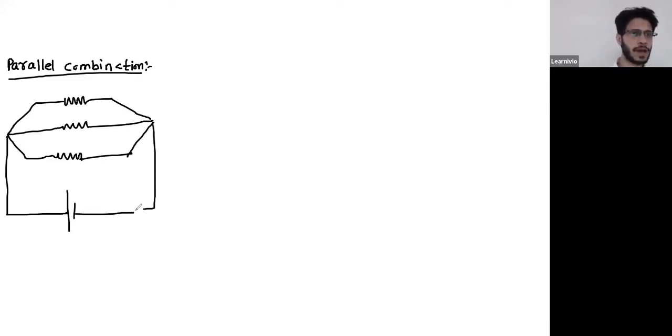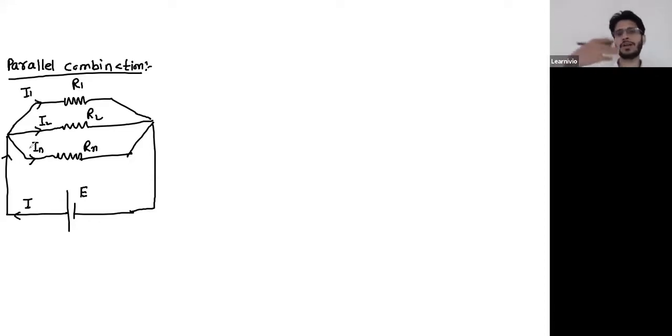So this is the parallel combination. Here this is R1, this is R2, this is Rn. The EMF of the battery is E. Some current comes from the battery, travels up to this point and then is divided into n parts. For first resistor it's I1, for second resistor it's I2, for nth resistor it's In.